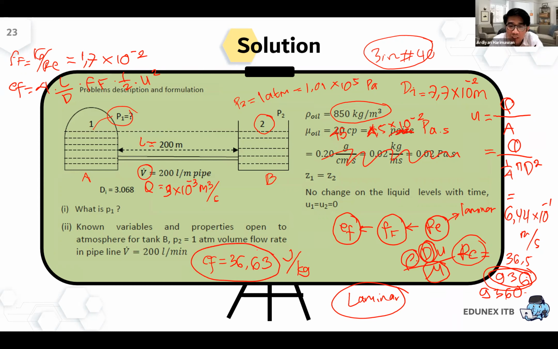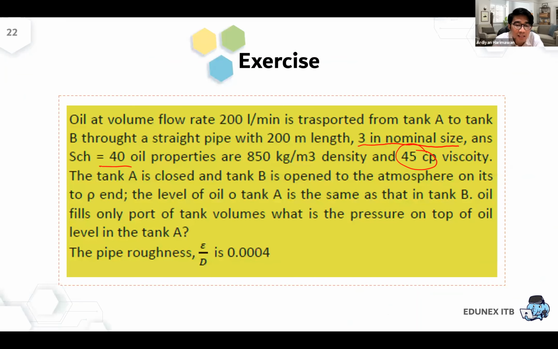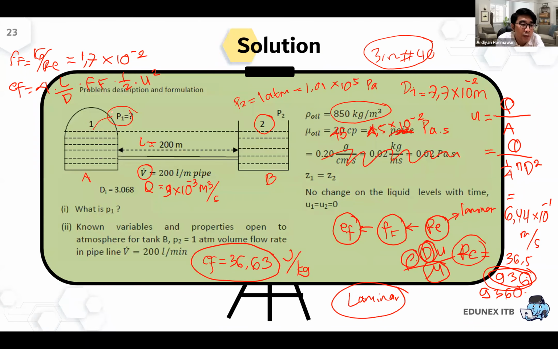This is not the final answer, because what has been asked is the pressure at tank 1, this P1. So in order to get the value of pressure at point 1, after you get the EF, what do you do next?